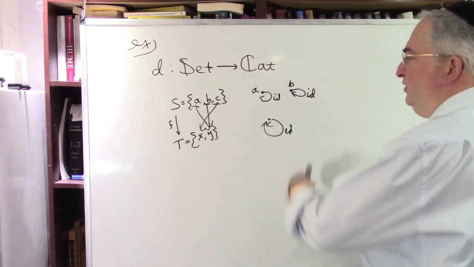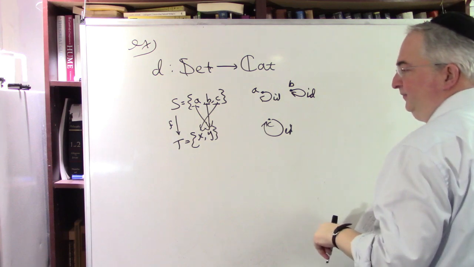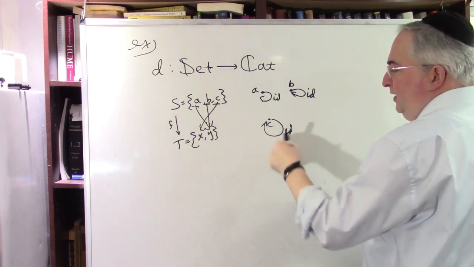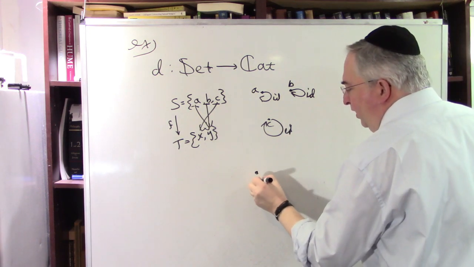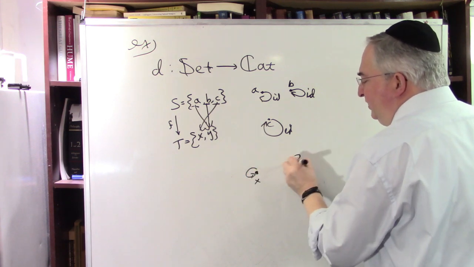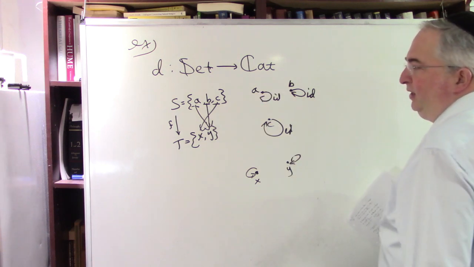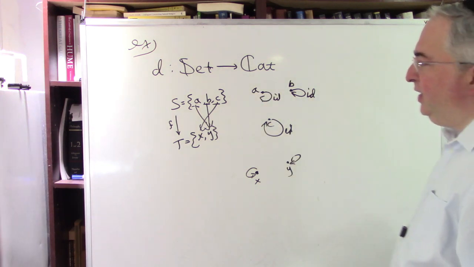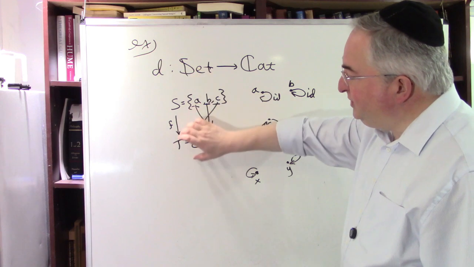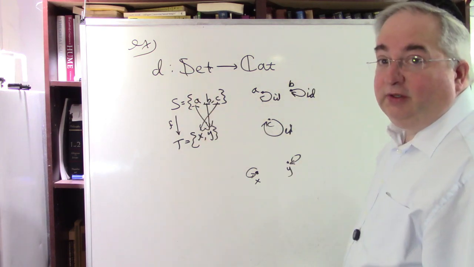then you're going to have from this category to this category, a discrete category with x and y. Again, only identity morphisms, and this function can map on like that. So functions of sets go to functors of discrete categories.